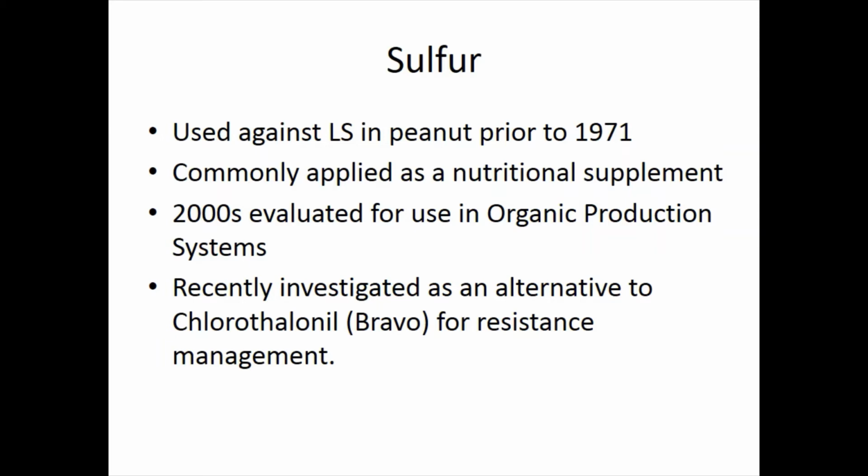It helps to green up the plants. It also does have a possible role in organic production systems, and it has been evaluated for that purpose. More recently, however, it's been evaluated as an alternative to chlorothalonil for resistance management.